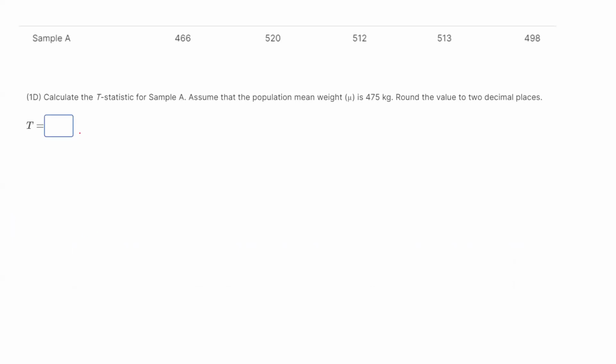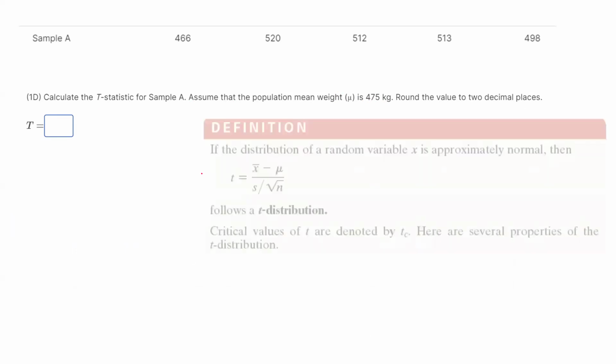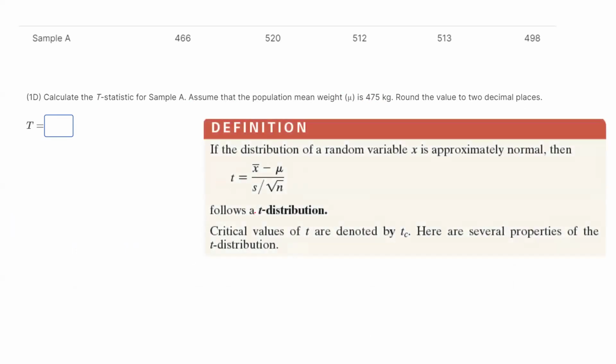Question says now calculate the t-statistic for the sample. Assume that the population mean weight mu is 475 kilogram. Remember the definition of the variable t.